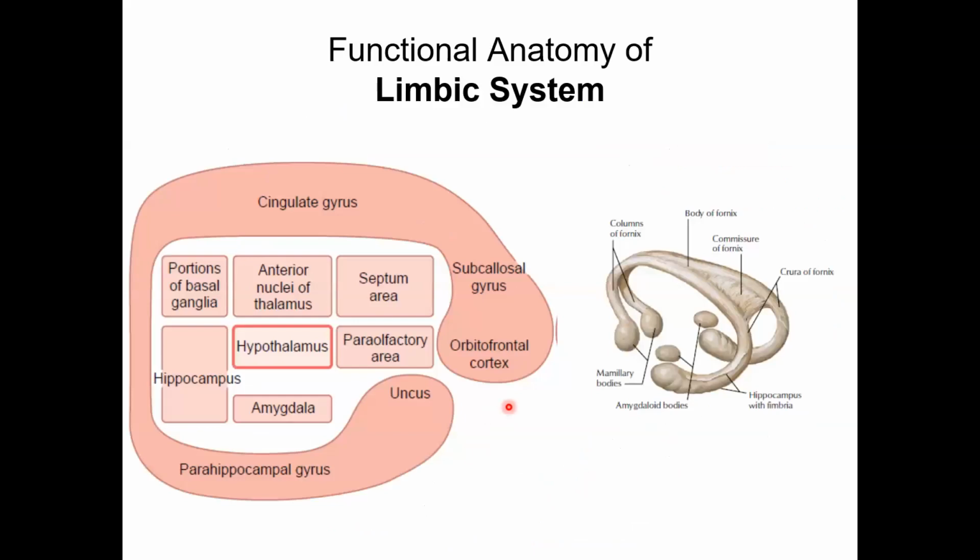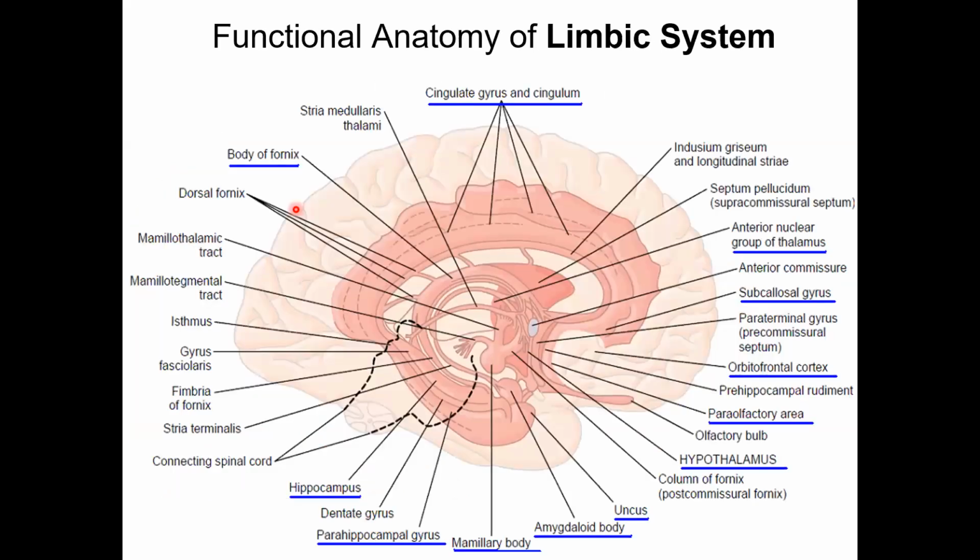This is a much more physiological, user-friendly diagram. Here you see the various components. This whole thing is basically the limbic system. It starts off from the orbitofrontal cortex, the subcallosal gyrus, the big U type thing on top that you see here. This is the cingulate gyrus, okay?